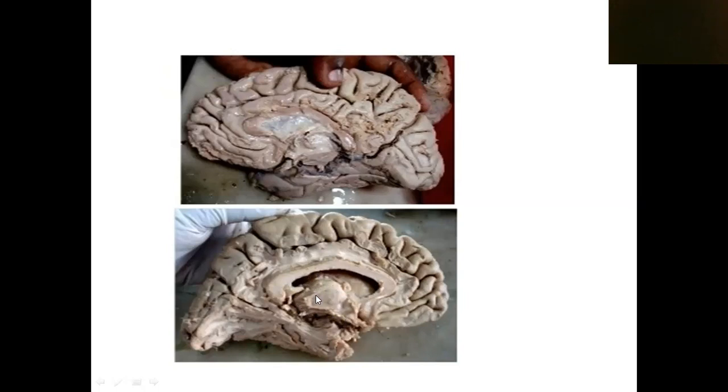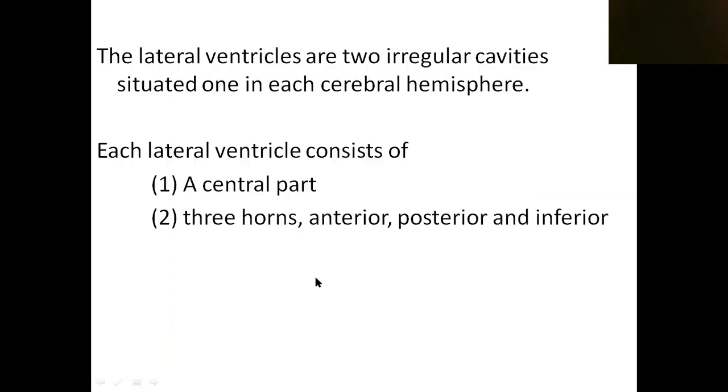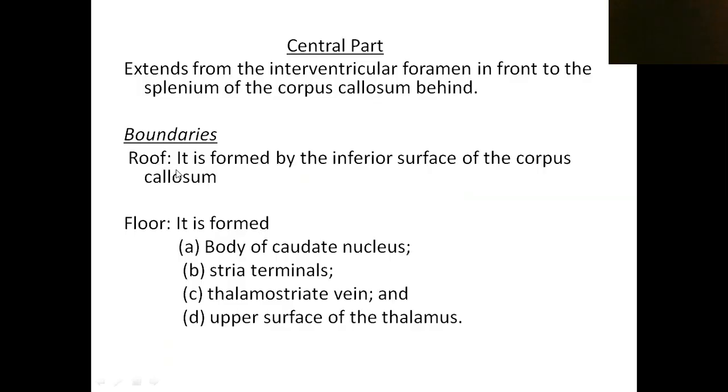Along with the thalamus, here we can see the body of the caudate nucleus. Those two structures form the floor of the central part; inferiorly the central part is bounded by the thalamus and the body of the caudate nucleus. So the central part, superiorly, is bounded by the inferior surface of the corpus callosum. Then the floor is formed by the body of the caudate nucleus and the upper surface of the thalamus.